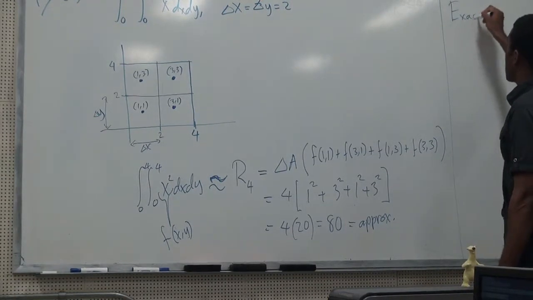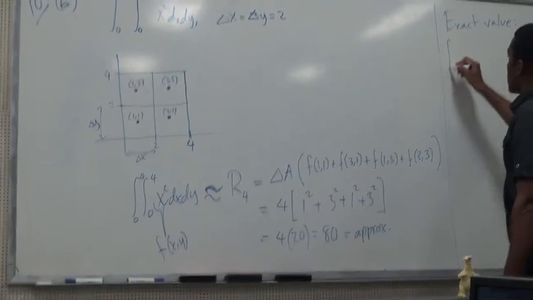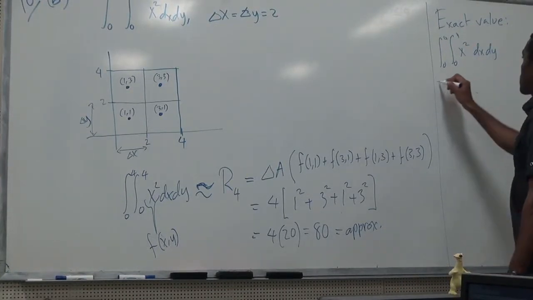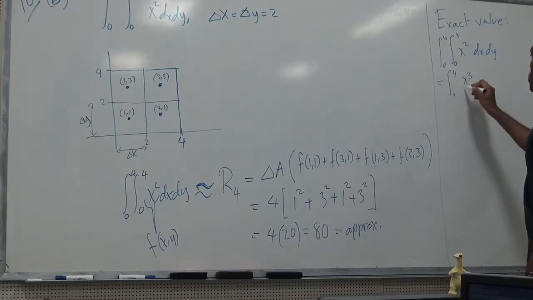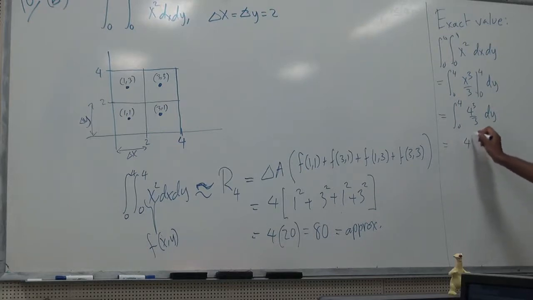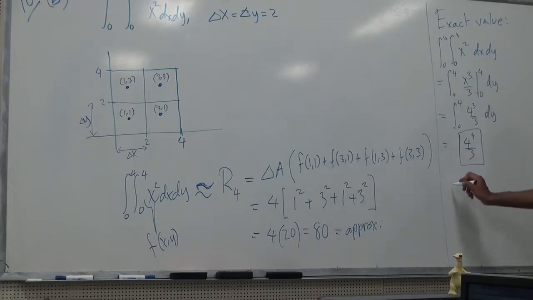For the exact value, you actually just compute this integral, which is just x cubed over 3 between 0 and 4, then 4 cubed over 3, dy, from 0 to 4. So the difference is whatever that is.